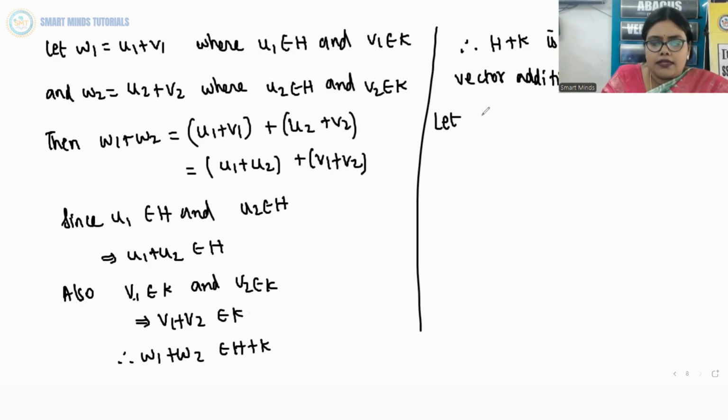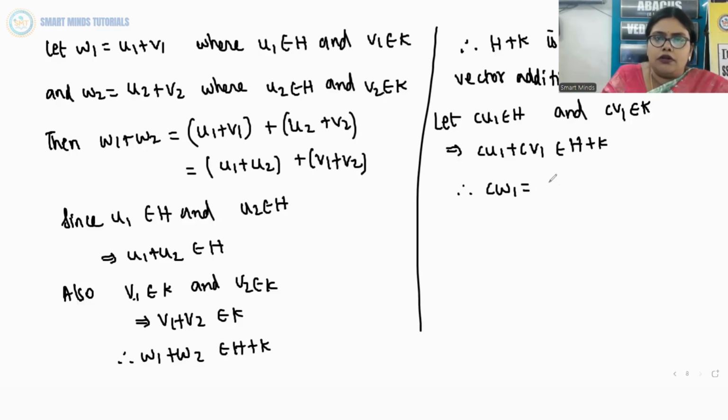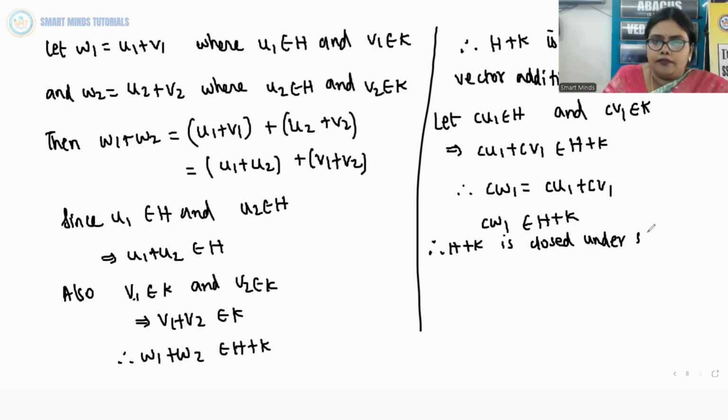Now let us take c u1 belongs to H and c v1 belongs to K. That means if we add them, c u1 plus c v1 belongs to H plus K. Therefore, c W1 is equal to c u1 plus c v1, so c W1 belongs to H plus K. Therefore, you can say H plus K is closed under scalar multiplication.